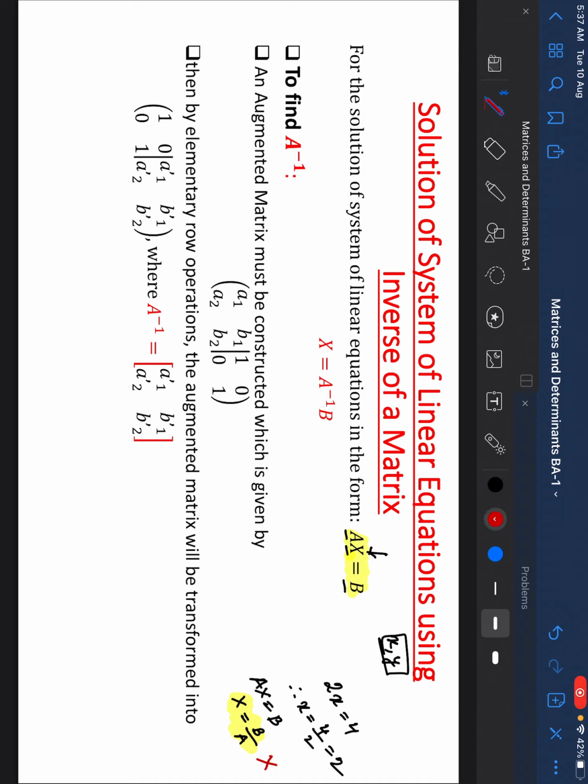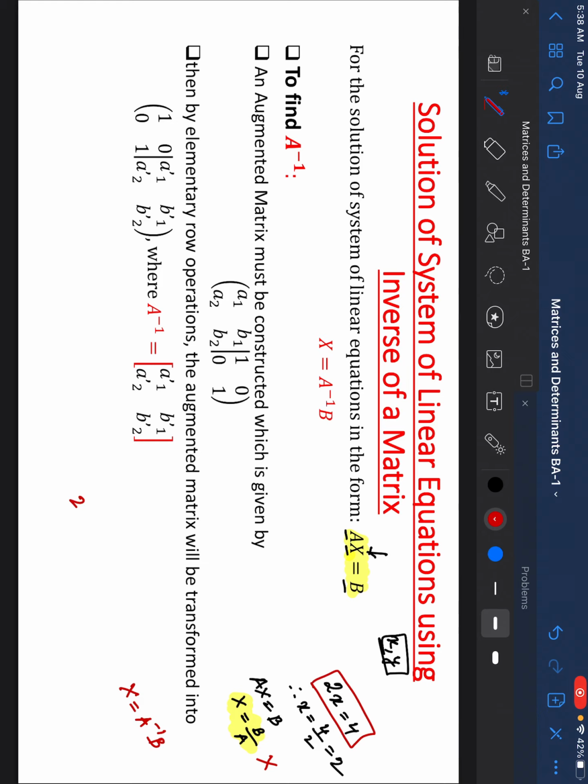Then what are we going to do? We are going to write X is equal to A inverse B. Instead of doing B by A, without dividing B by A, we are going to multiply A inverse with B. Look at 2x is equal to 4.